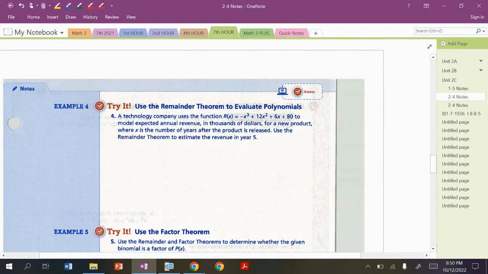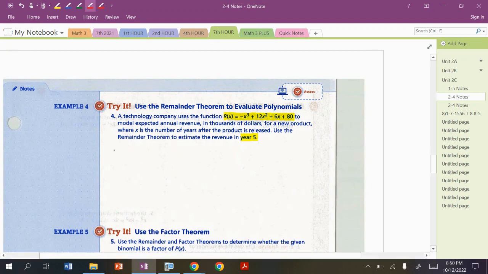Using the remainder theorem, evaluate the polynomials. This technology company has this revenue function, and they want to estimate the revenue in year 5. So after 5 years, what is their revenue? We're going to do it 2 ways.